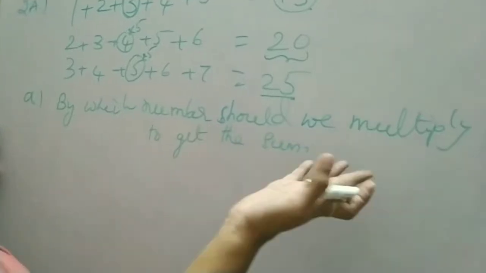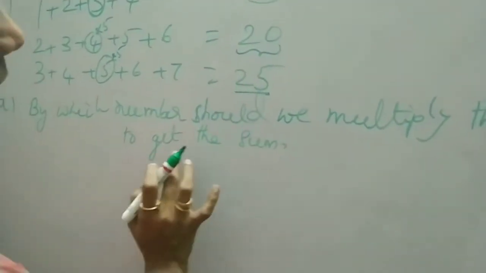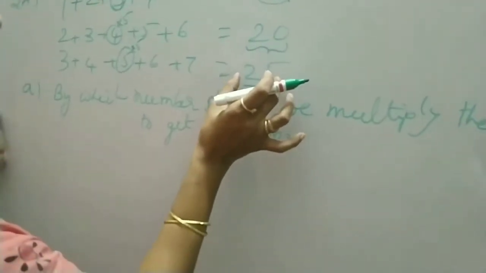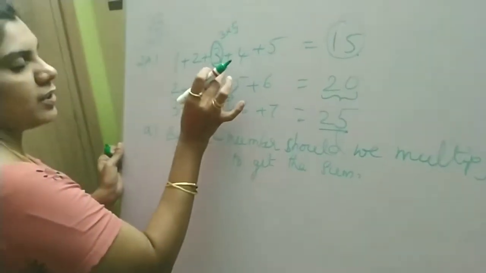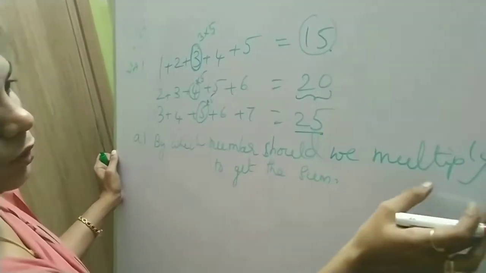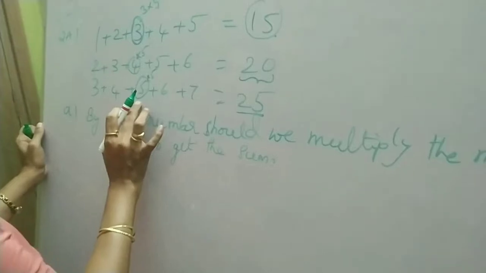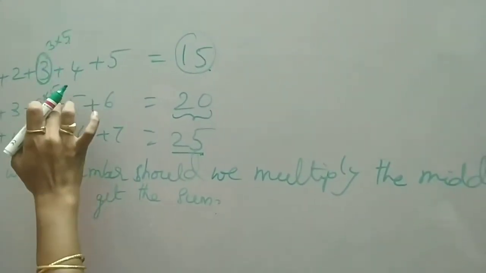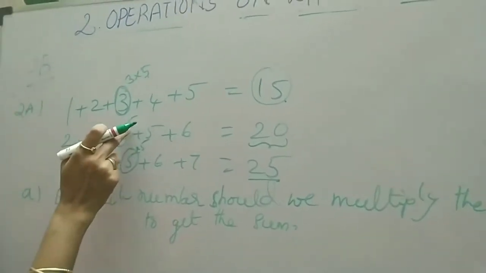See, our question is this one only. By which number should we multiply the middle number to get the sum? We have to multiply the middle number with some number to get these results, right? So that number you have to say here. In all the patterns, in all these lines, we are multiplying the middle number with 5 only.